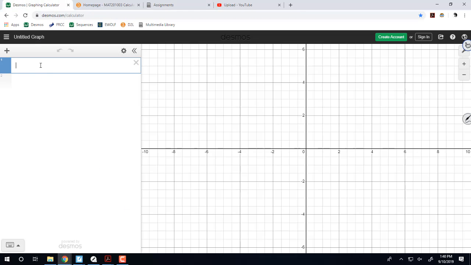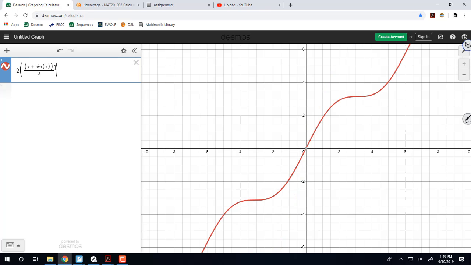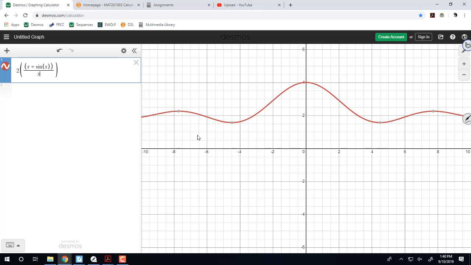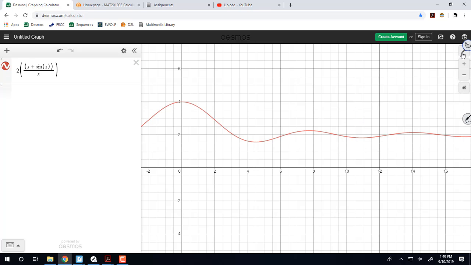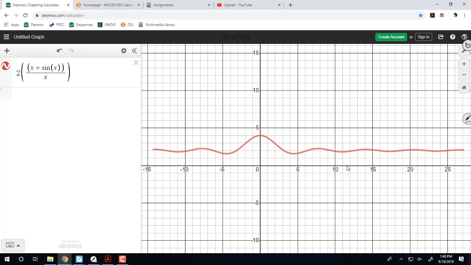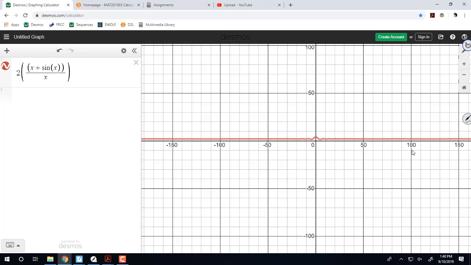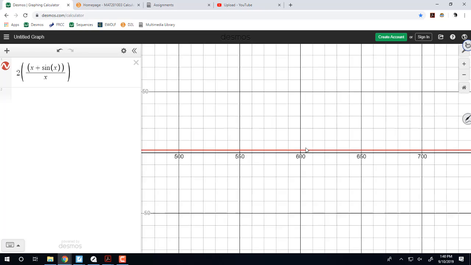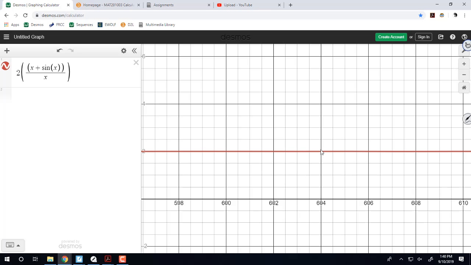Maybe we can verify that. Around the origin, we see that there are larger oscillations, but as we zoom out, we don't see those oscillations quite as large anymore.